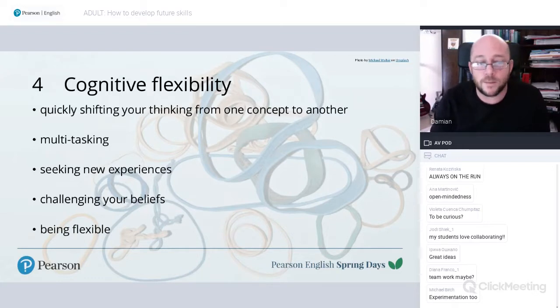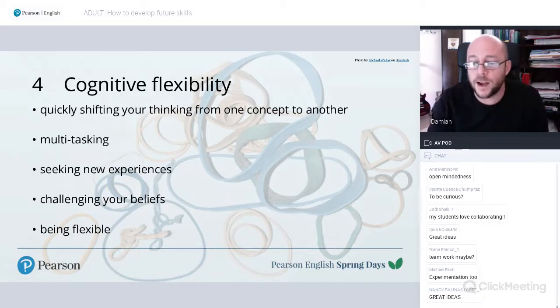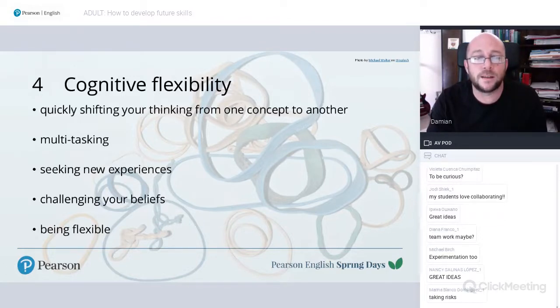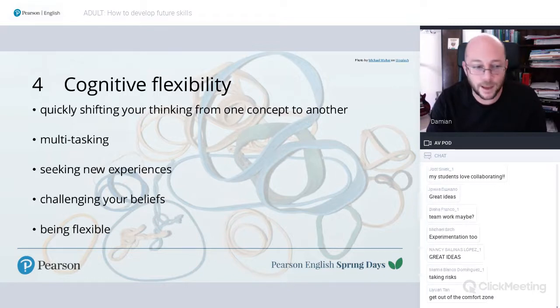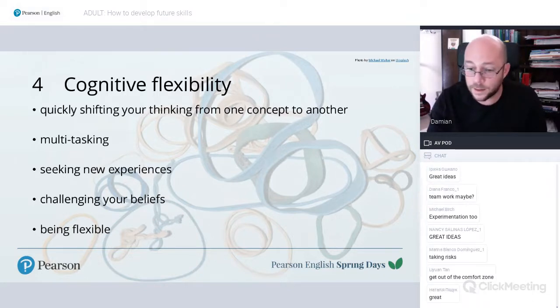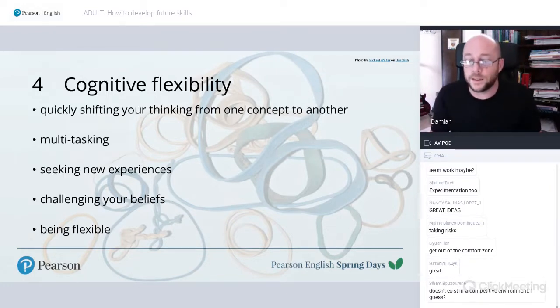You may have done something in the classroom which pretty much always works well, but then you have a new class and it doesn't work well. So it's about going back to that, reflecting on it, and looking at how you might need to adapt it as people progress. Taking risks, it's another good idea. Getting out of the comfort zone, good. And being flexible, being open to new ideas. A lot of the comments that you're saying here.